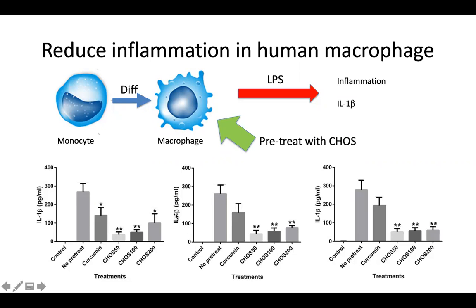In fact, this picture is supposed to show not only interleukin-1 beta, it should be interleukin-6 and TNF-alpha as well. You will see a reduction in the response, meaning that the oligosaccharide can prevent inflammation. So we see this, and we are about to publish this data. It's getting exciting that this oligosaccharide, which is soluble, can have this effect. So that means it might be useful for anti-inflammatory activity later.